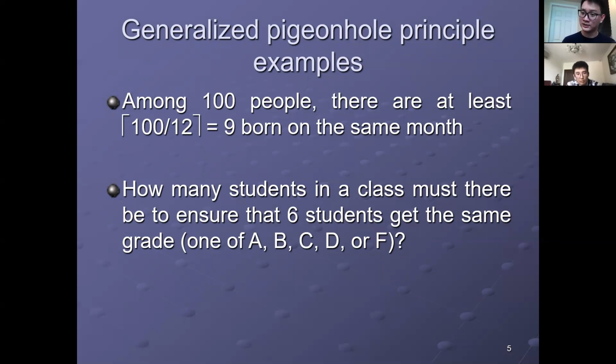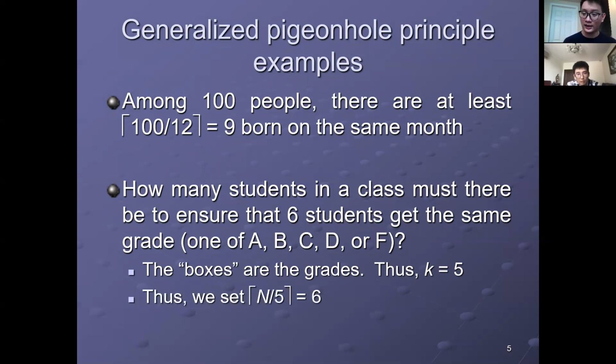Well, we can apply that math equation. We know there are 5 possible grades, so there are 5 boxes. We don't know how many students there are, but we want to ensure at least 6 students get the same grade. So it's like the ceiling of n divided by 5 equals 6. What is n in this case?